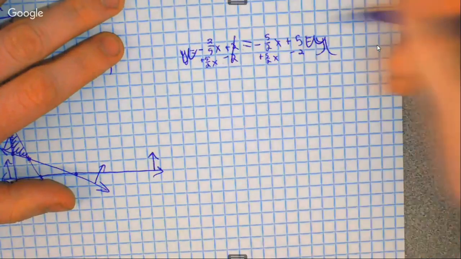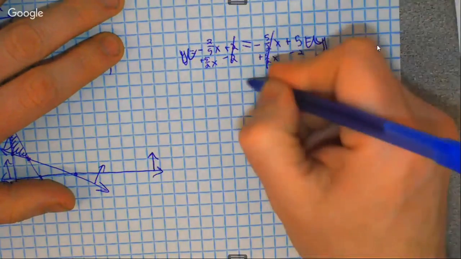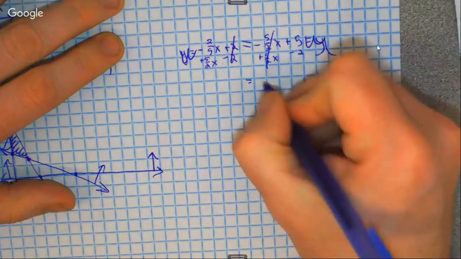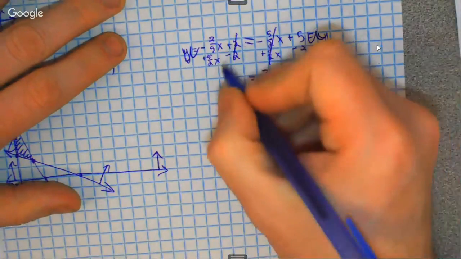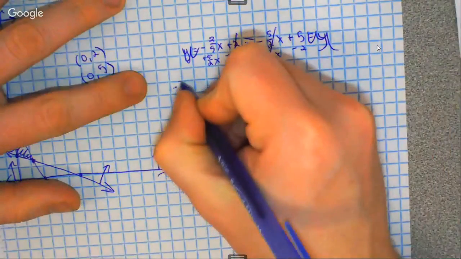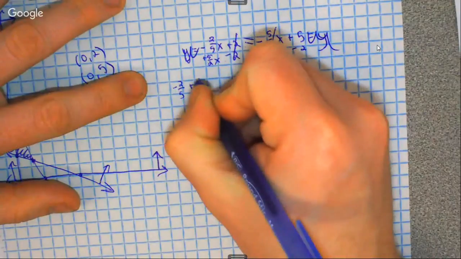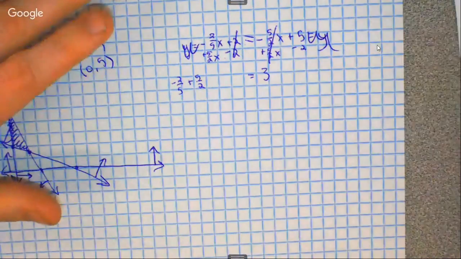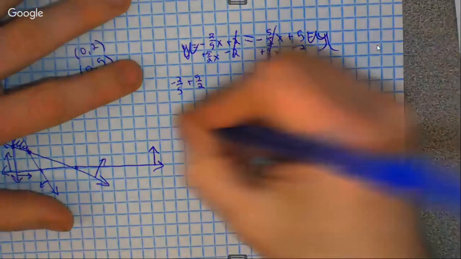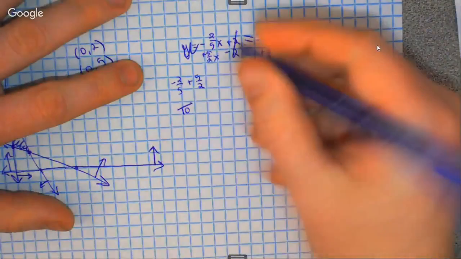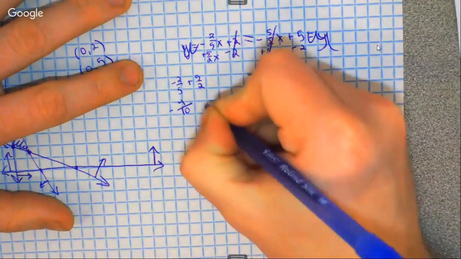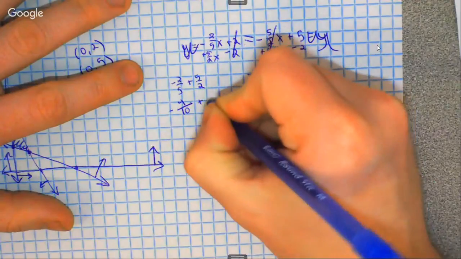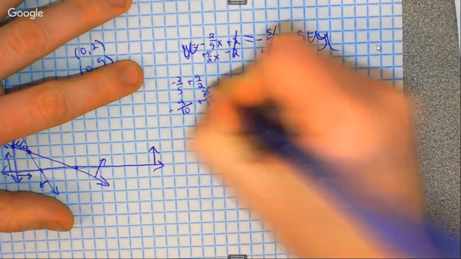So that cancels, and that cancels. So I get 3 on this side, and you have negative 2/5 plus 5/2. If you get a common denominator of 10, this is negative 4 over 10 plus 25 over 10.